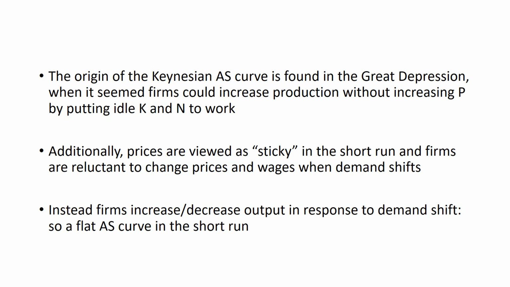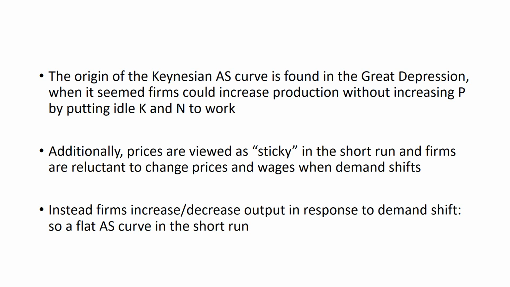Another way of thinking about the Keynesian aggregate supply curve, though, is to think about it as representing a situation where prices are sticky. In other words, sticky prices means that they don't really adjust to changes in the demand for goods and services. Firms could be reluctant to change prices and wages when the demand for goods and services changes, and this causes prices to be viewed as sticky or stuck. They don't change.